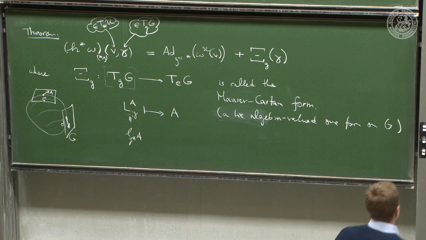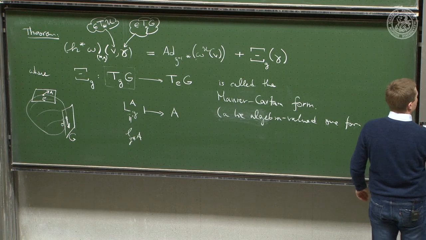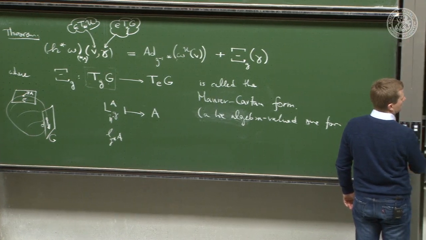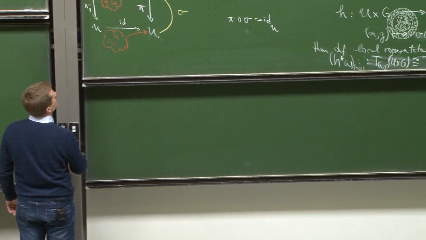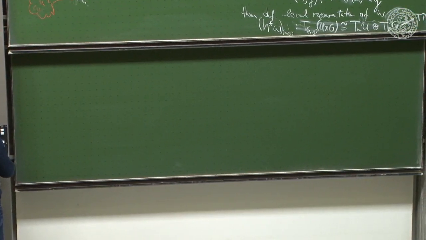So let me provide some examples. So again, you should notice that all this construction is only needed because we have this wish to represent the whole thing on the base space, right?